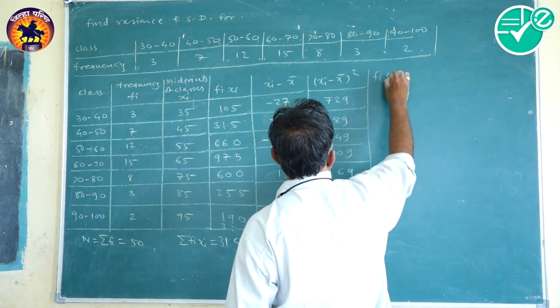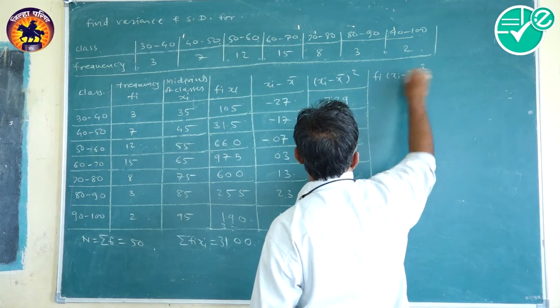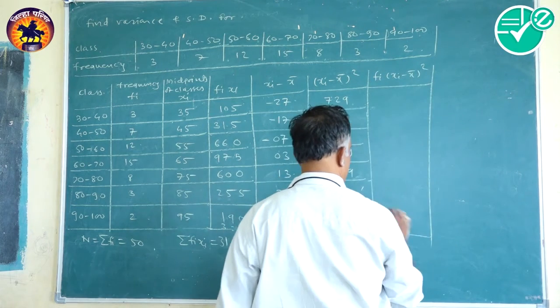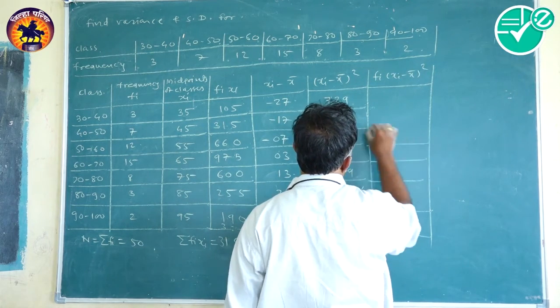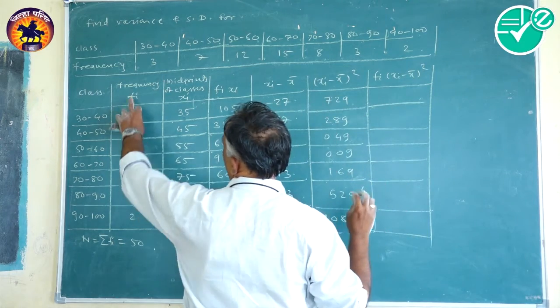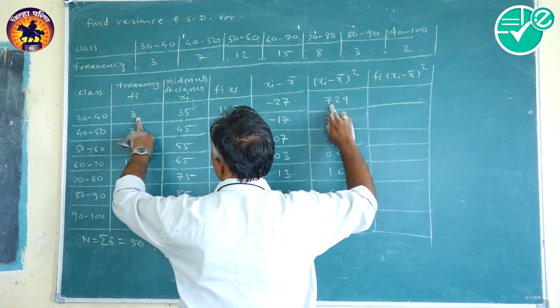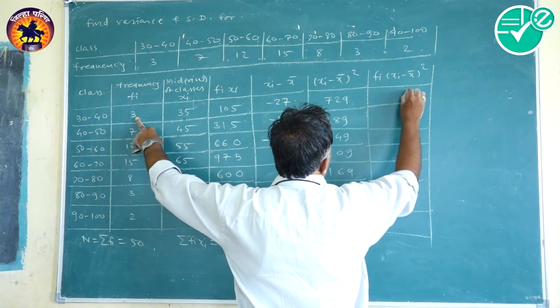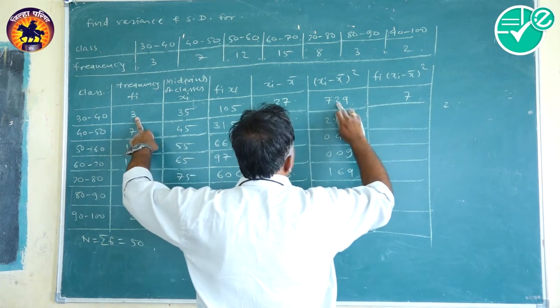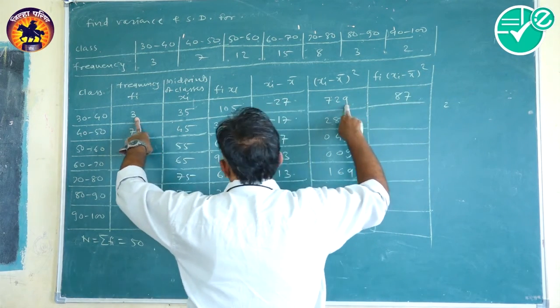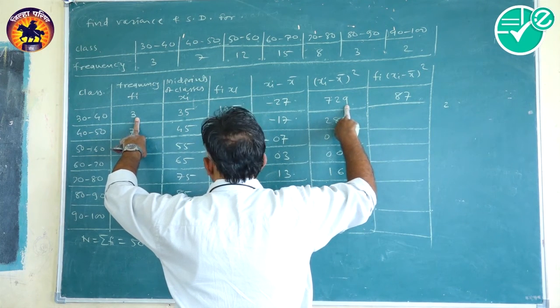Fi into xi minus x bar whole bracket square. Here the frequency is 3. 729 into 3 will be 3 into 9 is 27, carry 2, 3 into 2 is 6, 6 plus 2 is 8.